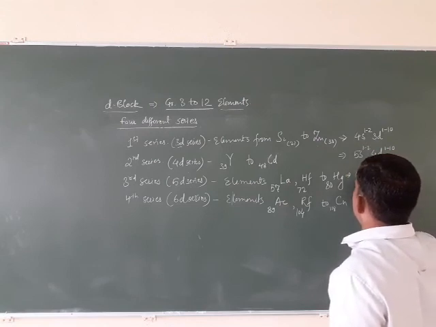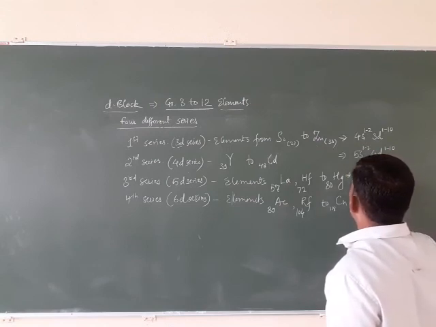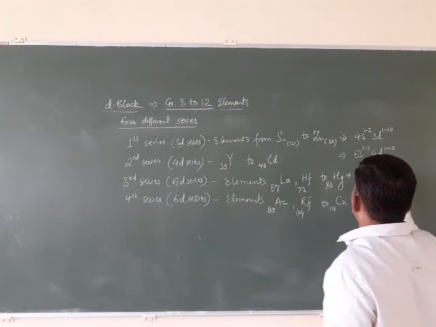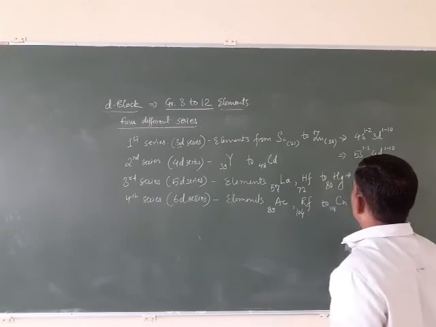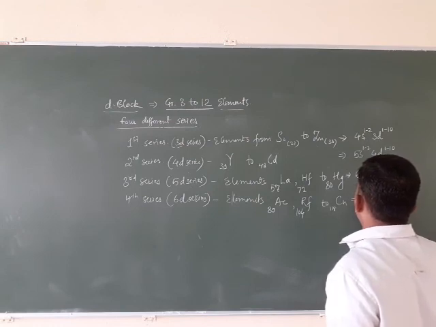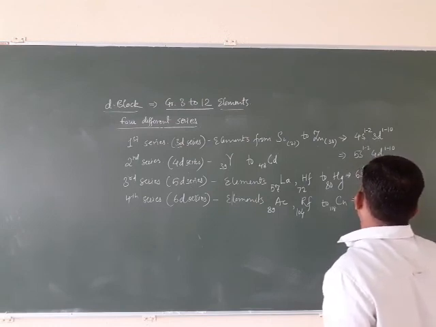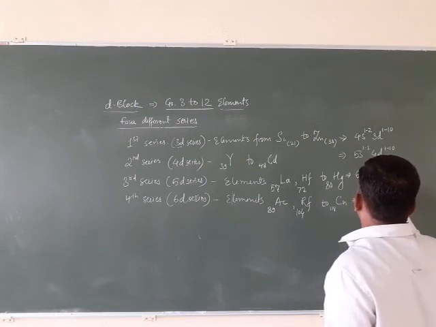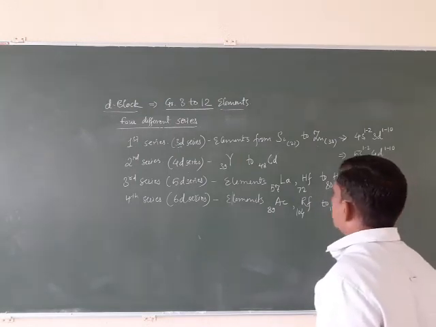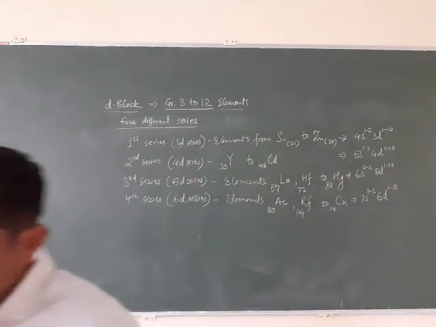For the third it is 6s0 to 2, 5d 1 to 10. Likewise for the fourth, 7s 1 to 2, 6d 1 to 10.